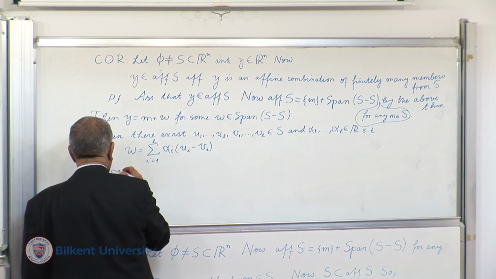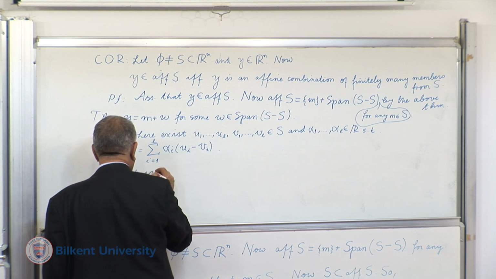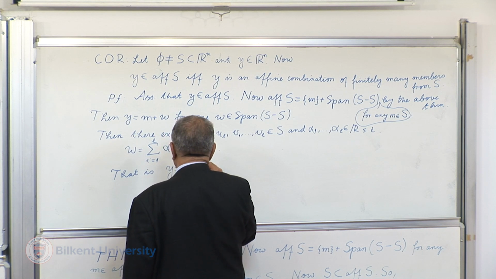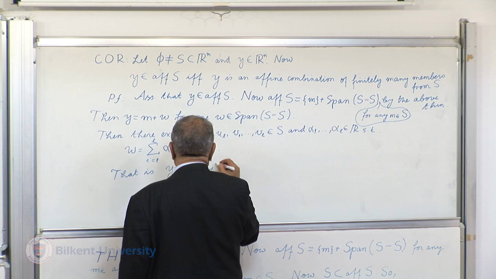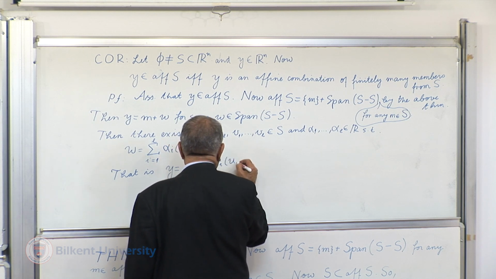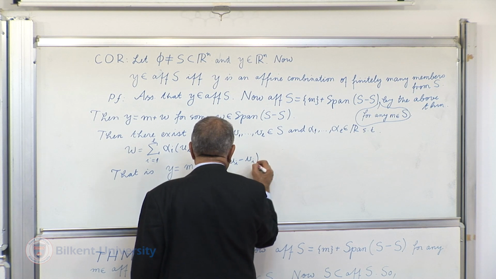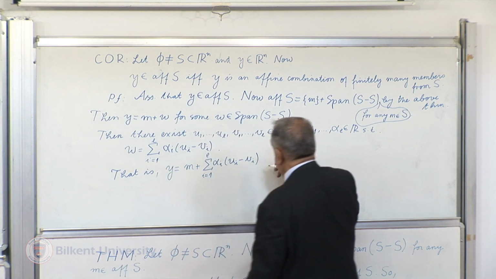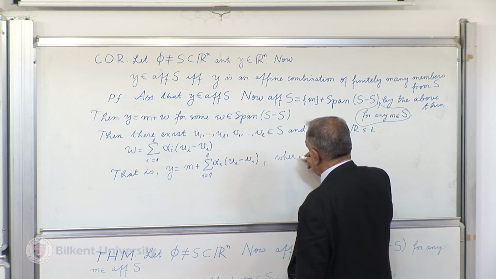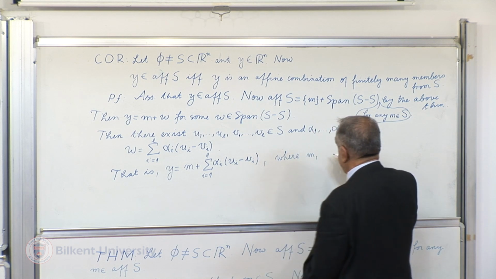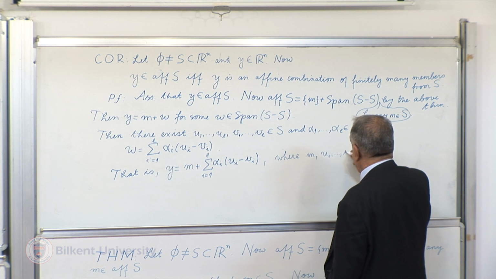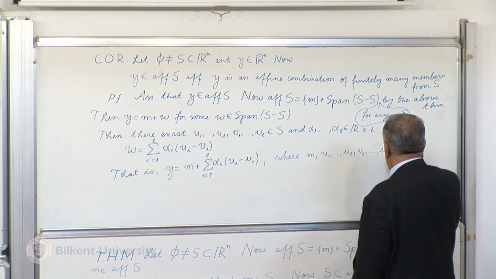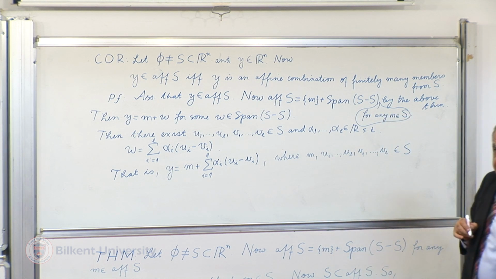That is, y is equal to m plus the sum of alpha i, ui minus vi, i from 1 to l, where m, u1 up to ul, v1 up to vl, they are all in S.